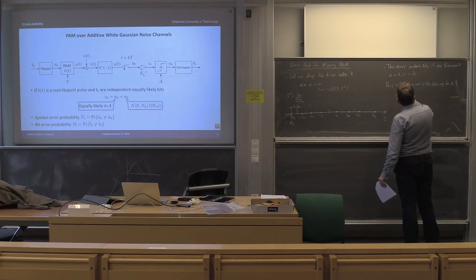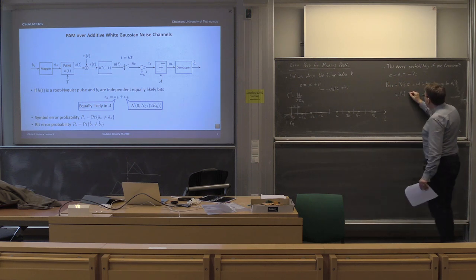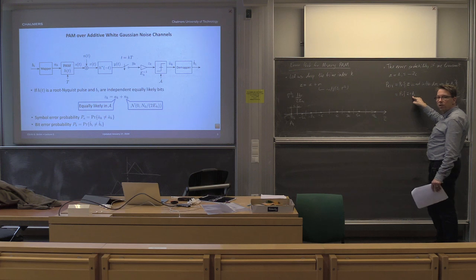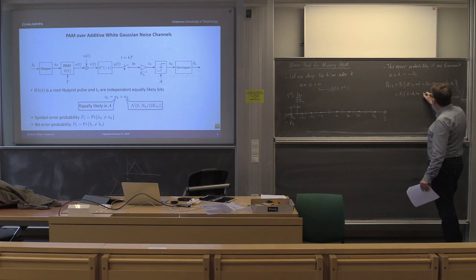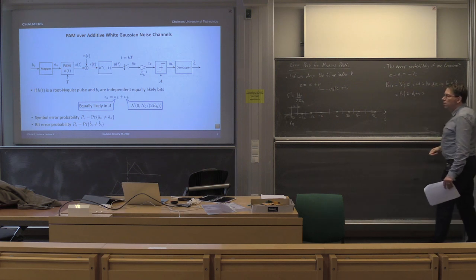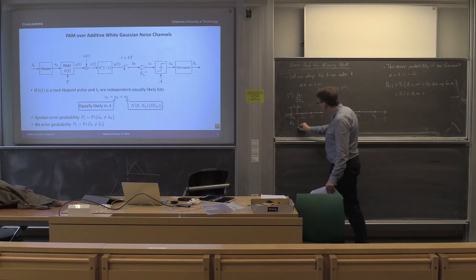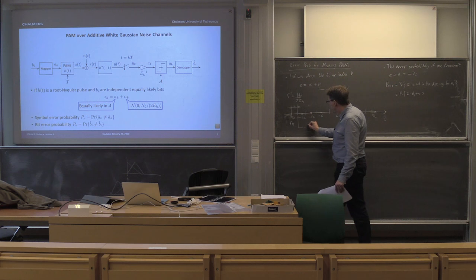So it's the probability that Z, which is equal to A1, this is what we transmitted, plus noise, is greater than the decision boundary here, right? Then it will be to the right-hand side of this. Okay. And what is the decision boundary? Well, it's placed at negative 6C.